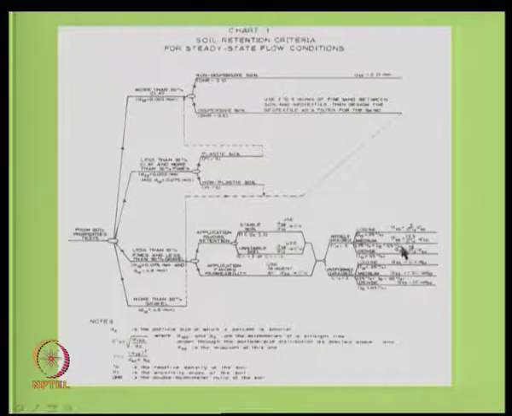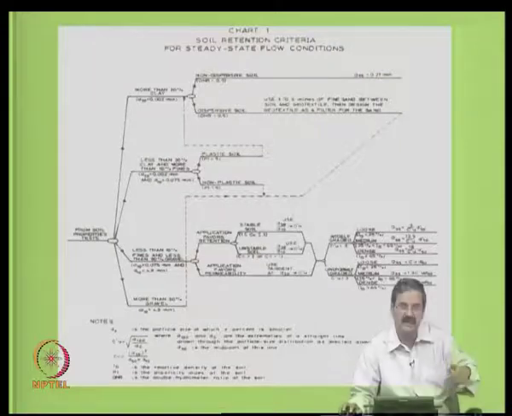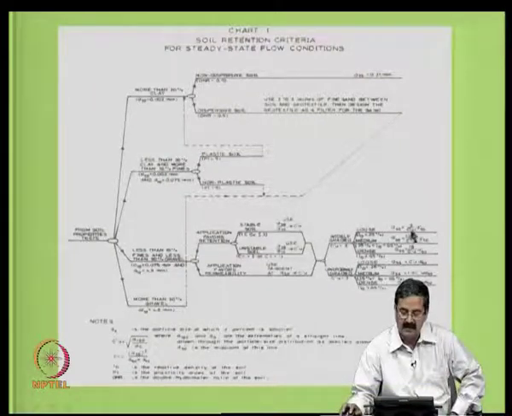And as I mentioned in the previous class, apparent opening size, where 95% of the materials pass in a particular test, is taken as O95 size.